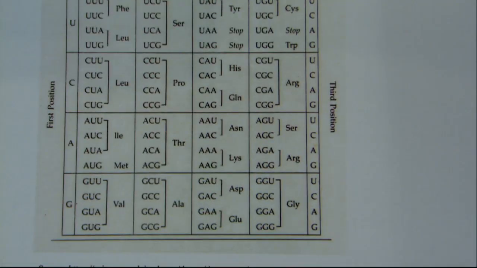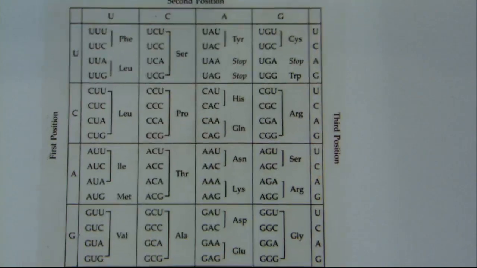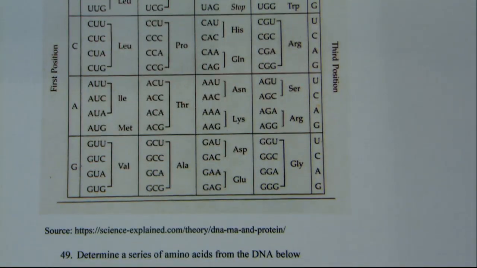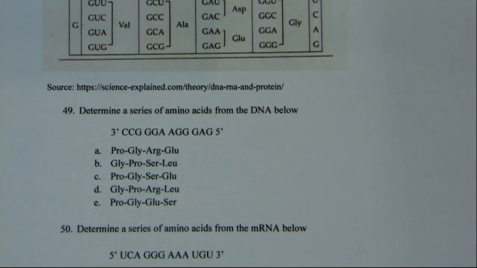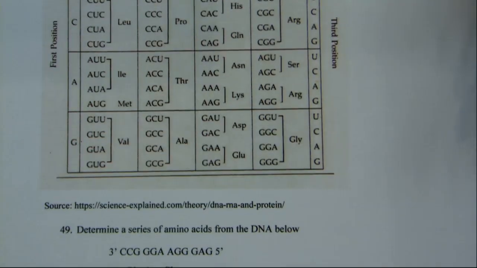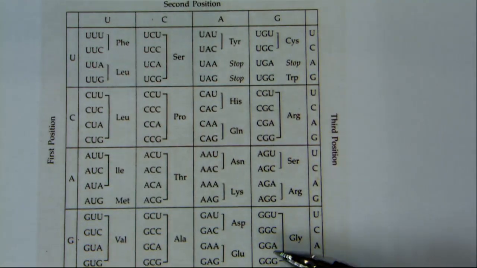So next one, I guess this is the last two questions related to this, and we're going to need to use this. Okay, so question 49, determine a series of amino acid from DNA below. Again, what is each of this?